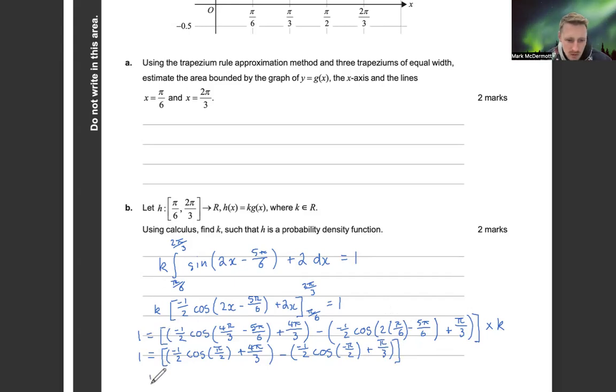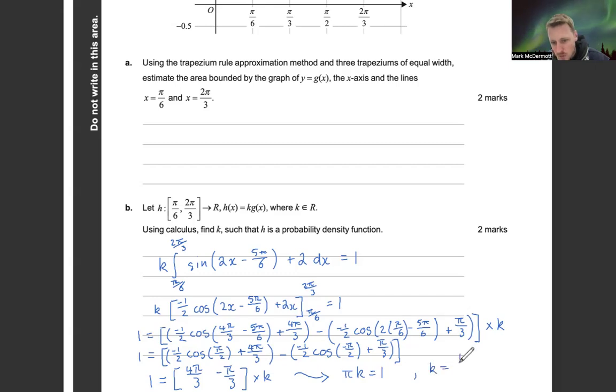I'm showing maybe more steps than you might need. You need to get a pen and paper out and work it all out, but it's 4 pi on 3 minus pi on 3, multiplied by k. And so 4 pi on 3 minus pi on 3 is 3 pi on 3. So you get pi k equals 1, so k equals 1 on pi.